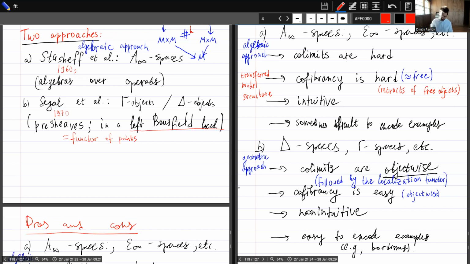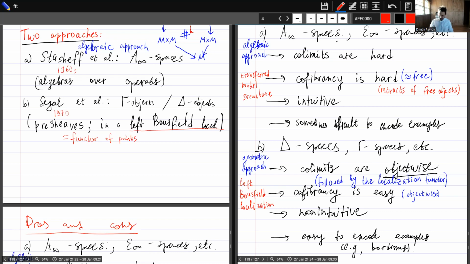So in the geometric approach, the model structure is constructed using a left Bousfield localization. Please repeat where from we transfer the model structure. Yeah, so it's always transferred along the forgetful functor.